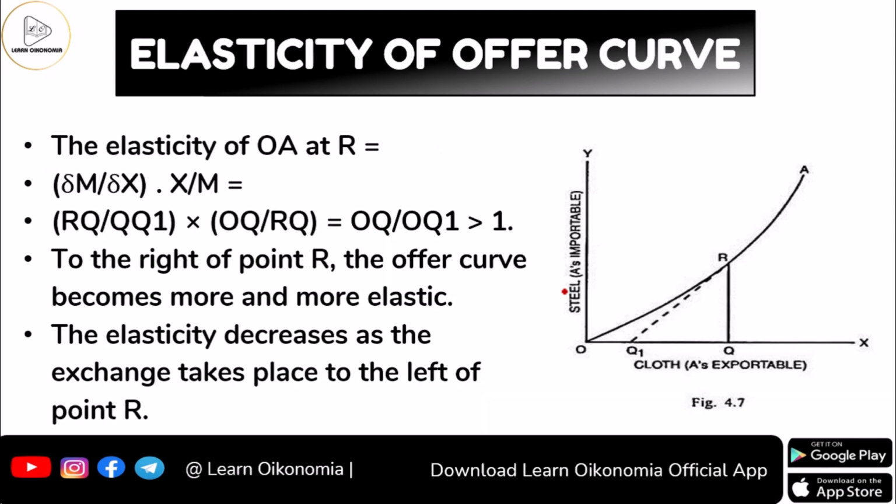So in this figure you can see the elasticity of offer curve of A at this point R is what we are considering. So here, as per the formula delta M by delta X into X by M, we can go for RQ divided by QQ1 into OQ divided by RQ.